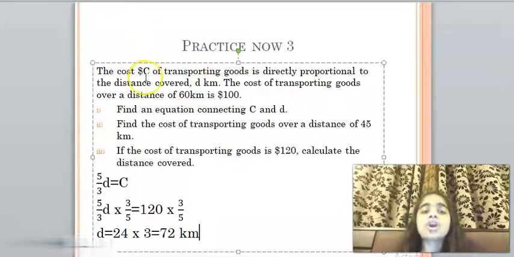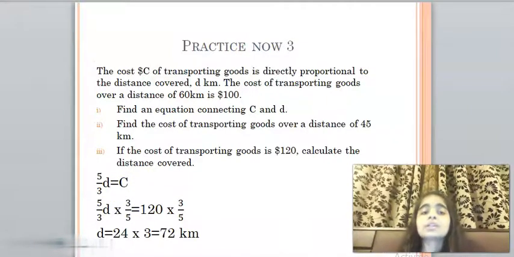So the cost $C of transporting goods is directly proportional to the distance covered d kilometers. The cost of transporting goods over a distance of 60 kilometers is $100. So when we simplified this, we ended up with the equation C equals 5 upon 3 d.